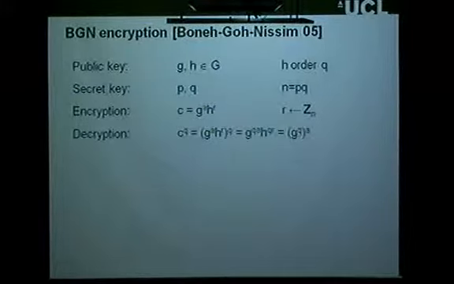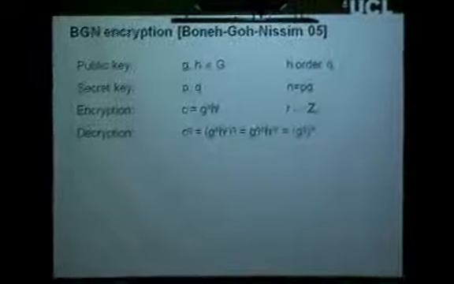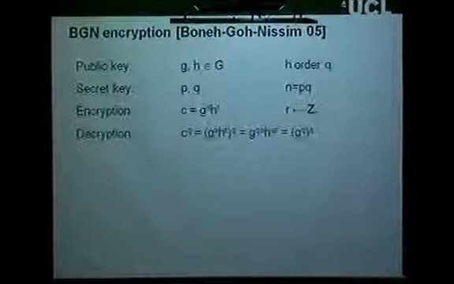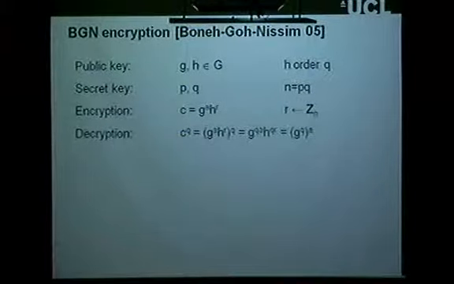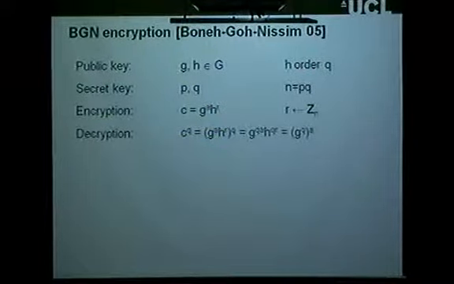And to decrypt, what we do is we compute the ciphertext raised to q, and since h has order q, it gets killed by this q, and what we're left with is g to the q raised to the message. And if the message is small, if it's just a few bits, up to a logarithmic number of bits, then we can do a brute force attack and compute the discrete logarithm and get out the message a.